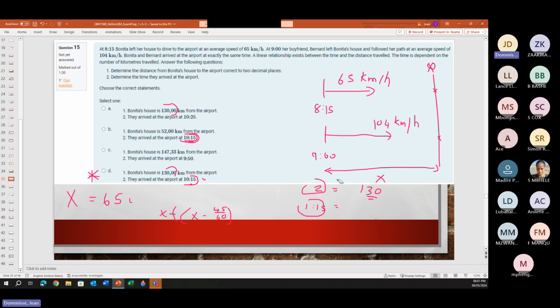And so the distance, if that is x, the distance is... Okay, now I can see why you guys struggled with this.